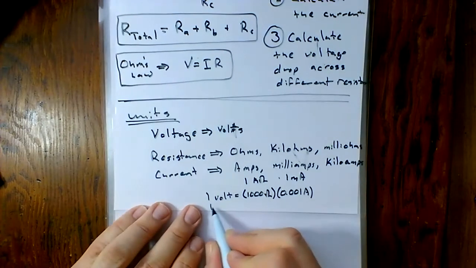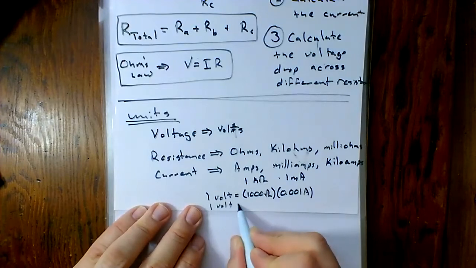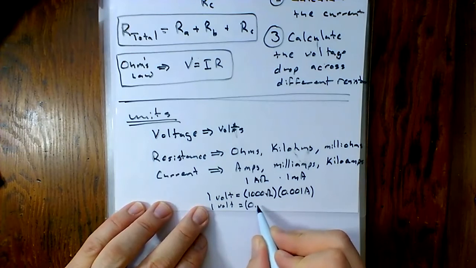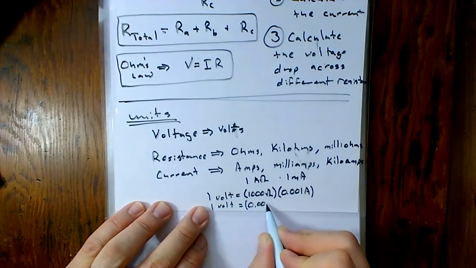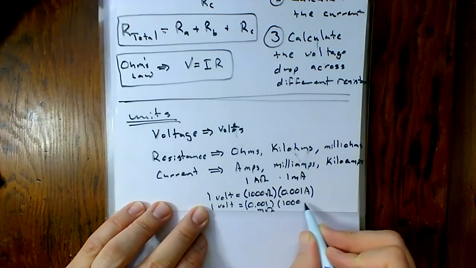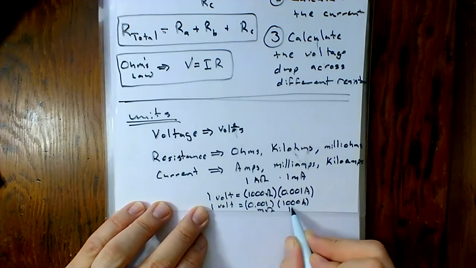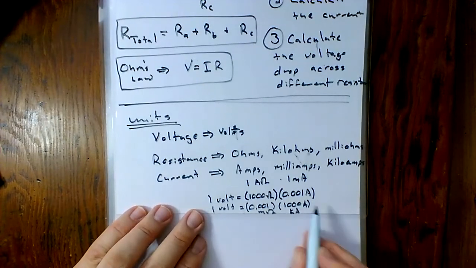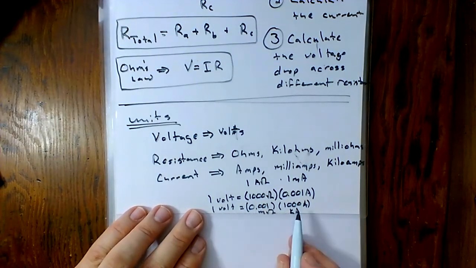And the same thing happens if I do a milliohm times a kiloamp. Now, kiloamps are not something you really want to contemplate. This is not something that you're going to run into very often.